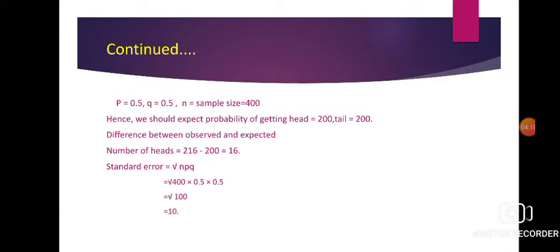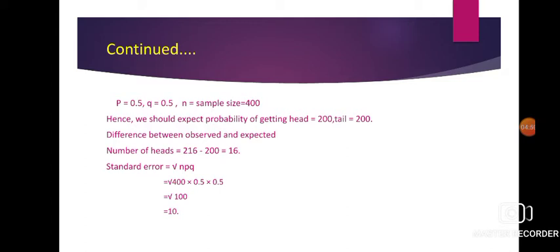It has to be taken as half of the sample size. Then the difference between observed and expected number of heads is equal to 216 minus 200 equals 16. 216 is the number of heads when the coin was tossed 400 times, and 200 is the expected number of heads.